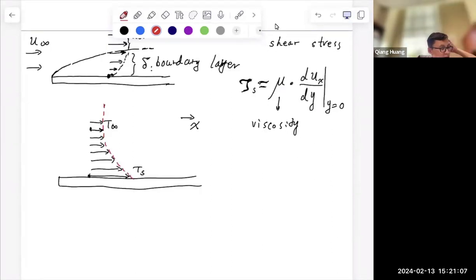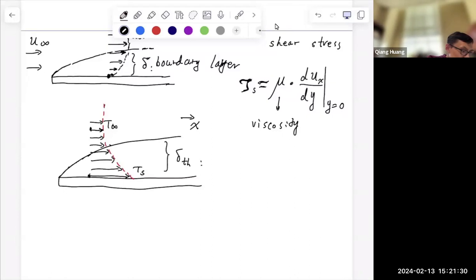As you can see, the temperature changes in the vicinity of the surface, and this region before the temperature reaches the bulk, that's called the thermal boundary layer thickness.